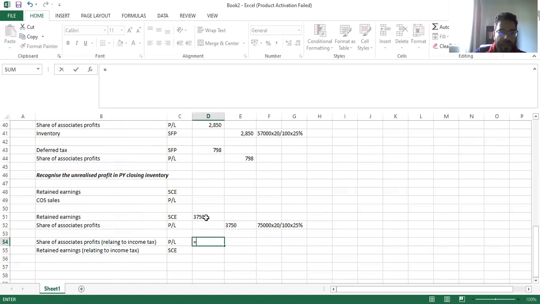So it will be that multiplied by 28%. So those are the journal entries.